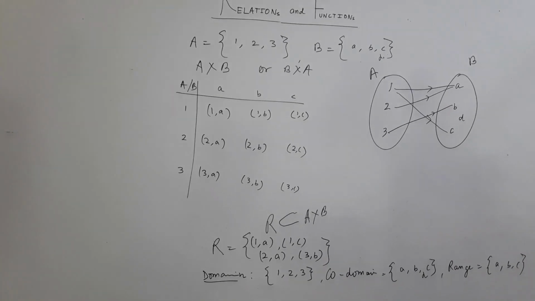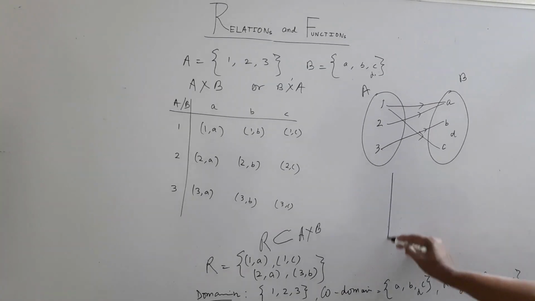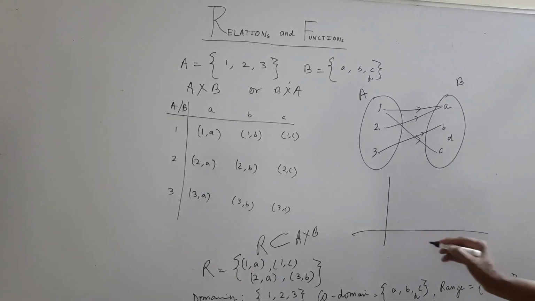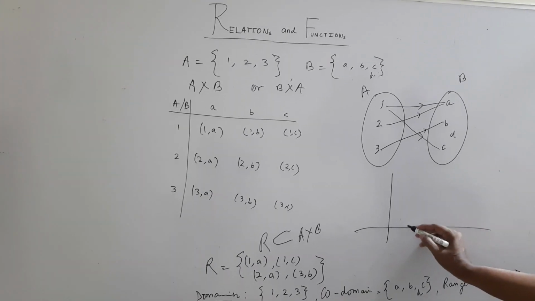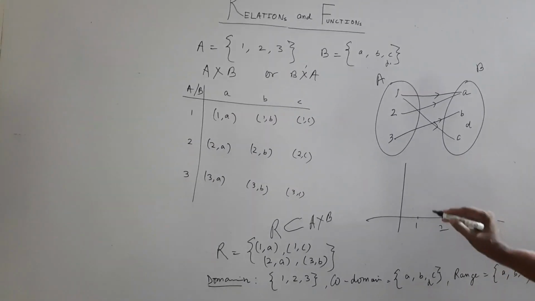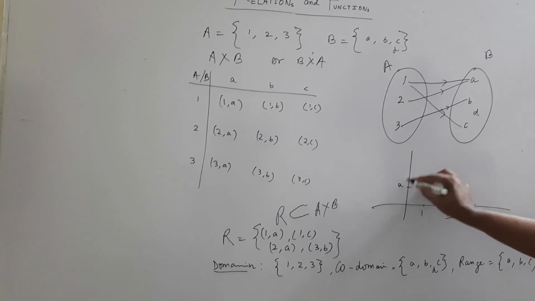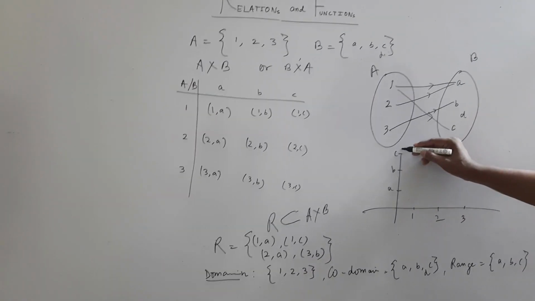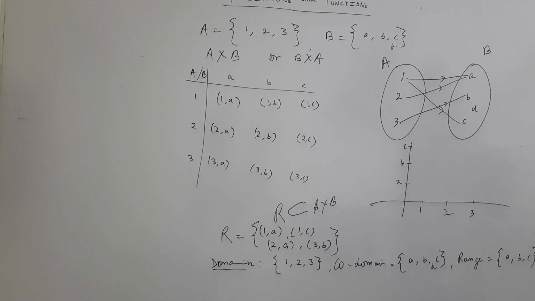Now if I want to plot it on a diagram, suppose my domain values are 1, 2 and 3, and A is here, B is here, C is here. I use a scattered point kind of diagram.